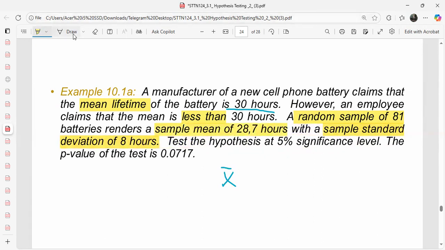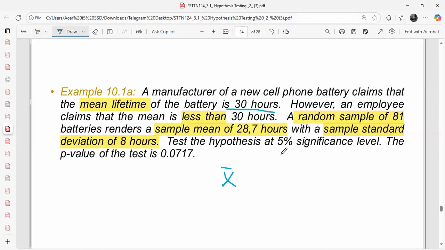When you check here, they say test the hypothesis at 5% level of significance, which is the alpha. The alpha is equal to 0.05. Remember I told you that you will be given the p-value, 0.0717. So before I even write down step 1, step 2, step 3, I already know the conclusion in step number 5. Why?